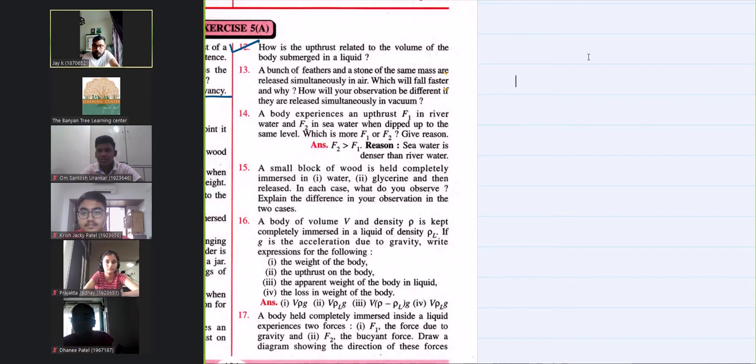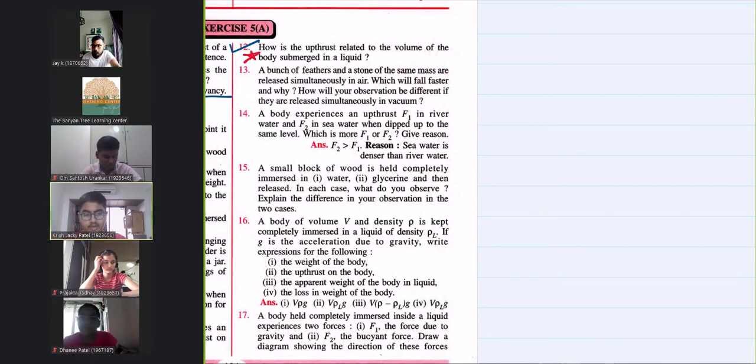When you submerge more volume of a certain body in a fluid, the upthrust experienced by the body increases. Greater the volume submerged, greater the upthrust experienced by a body. Understood? Frame it properly, I am giving this to you. So we have to write it is directly proportional to volume.